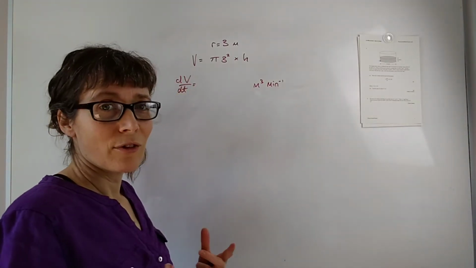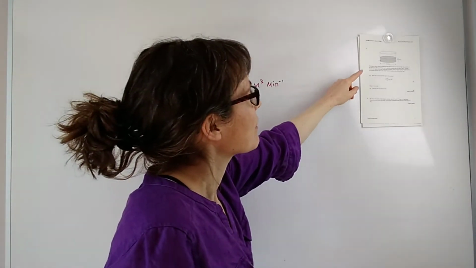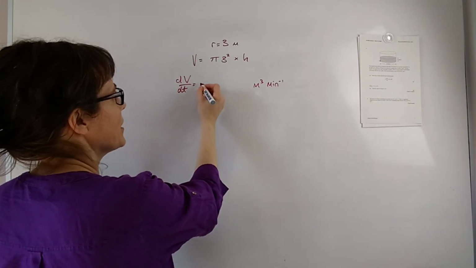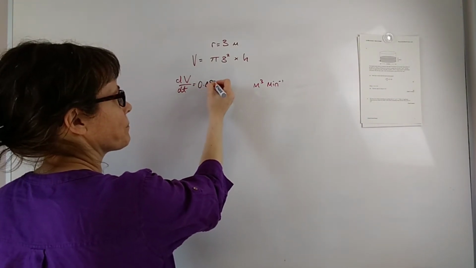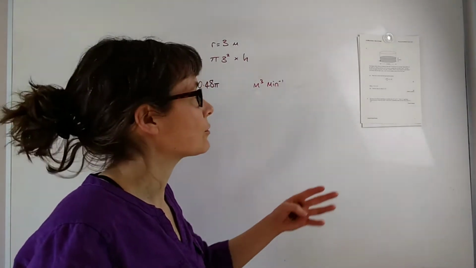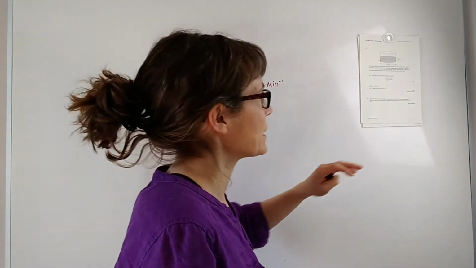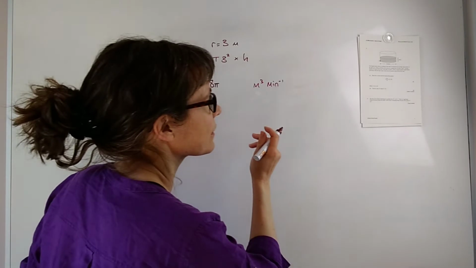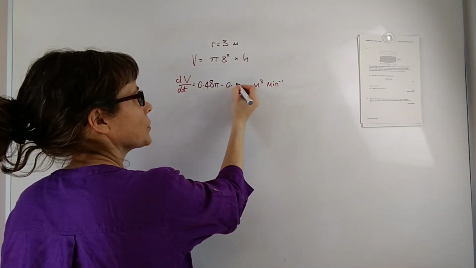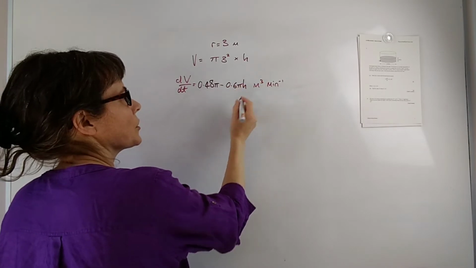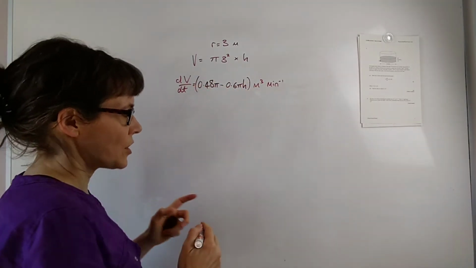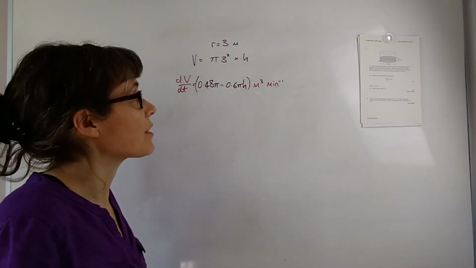The increase is flowing in at 0.48 pi, but when this tap is turned on, it's flowing out at 0.6 pi h. So this is its total flow rate, and that's meters cubed per minute.